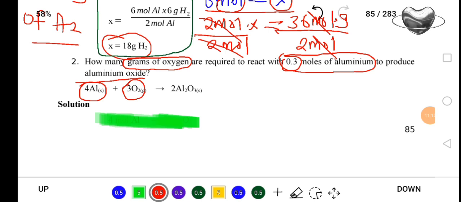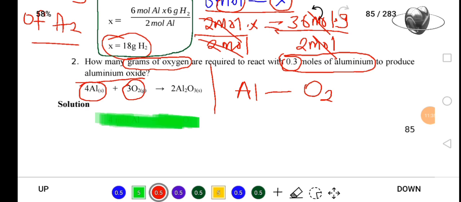So again, we are going to say aluminium to oxygen gas. This should be converted to mass. So here we are going to say when we have 4 moles of aluminium, what is the mass of oxygen? That's the question.